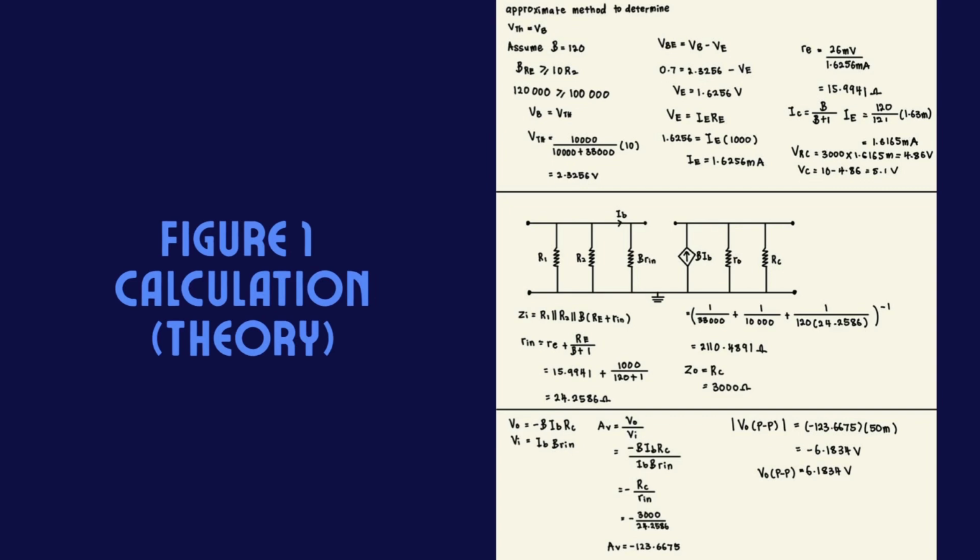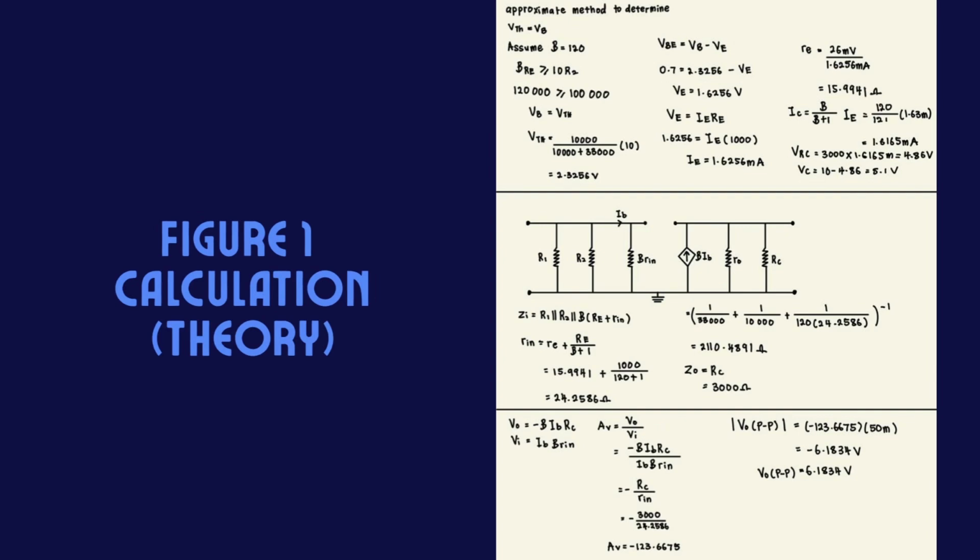And then to find the AV, we need to find the ZI first. R in is equal to RE plus RE over beta plus 1. For RE we already calculated, which is 15.9941 ohm.